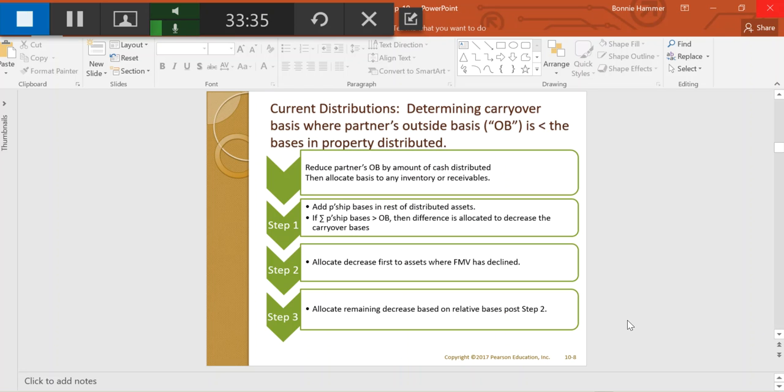This is a pictorial of what I just said. And by the way, a current distribution is like saying the same thing as a non-liquidating distribution. And when you're doing a tax return for a partnership, you'll ask the tax matters partner.